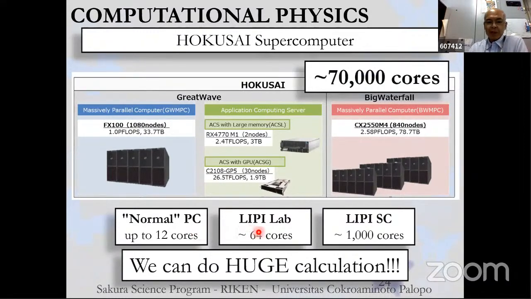I don't know exactly, but my student investigated the LIPI laboratory. They have 64 cores, and the LIPI supercomputing system only has around 1,000 cores. So compared to this, we have more than 70 times the computing cores. Then we can do much bigger calculations, quicker and better.